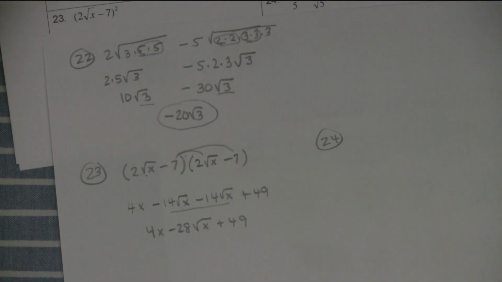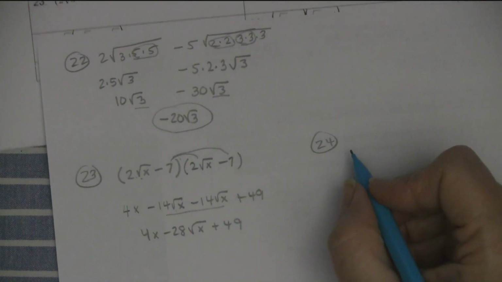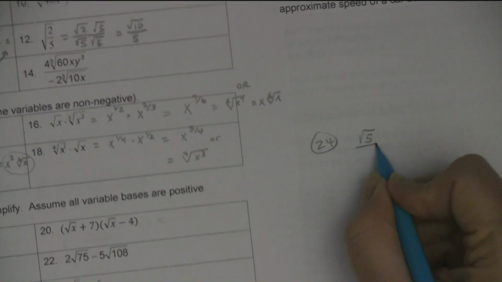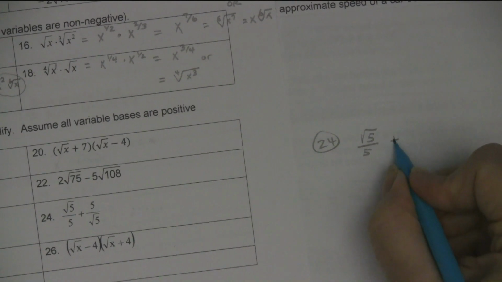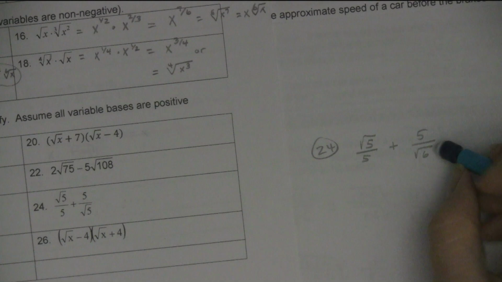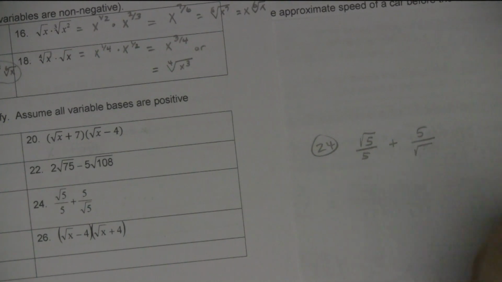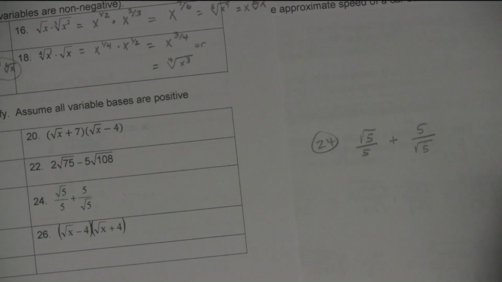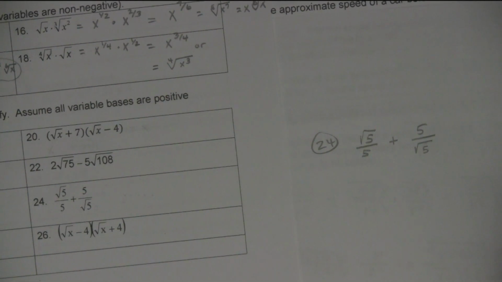I know that I've done 24 with a number of people with the different number that they have. And I put the 6 there because I was going to say I saw one with 6, a whole bunch. So in order to add these together, you have to have like denominators.